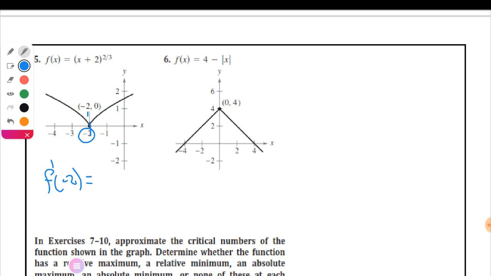Here the derivative does not exist, because the derivative from the left is not like the derivative from the right. The derivative at the extremum here will not exist. I think it's clear. Okay.